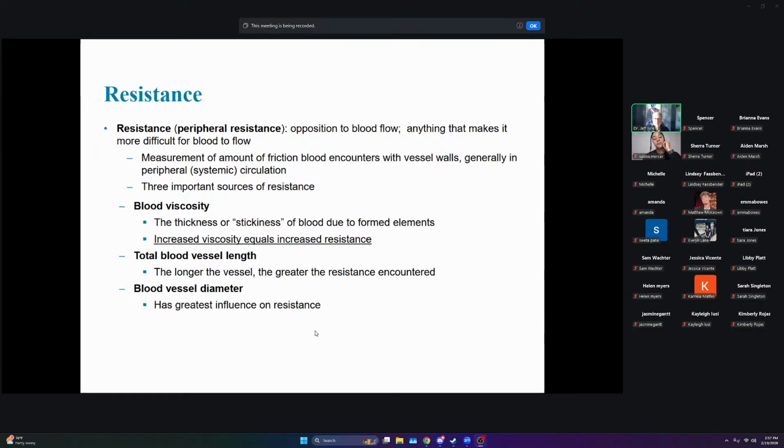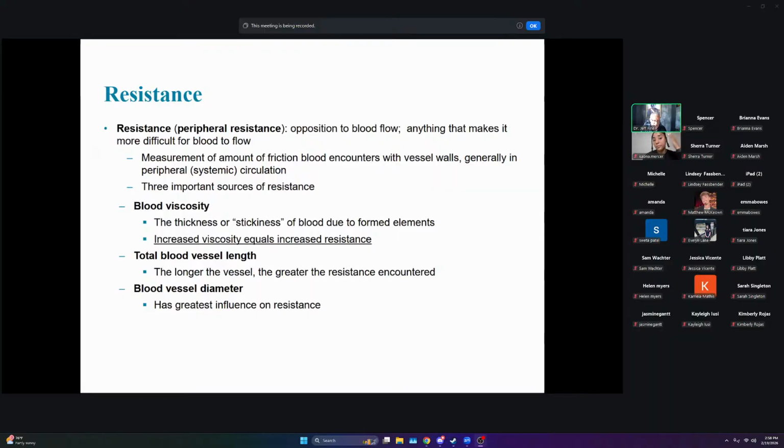And then the greatest influencer of blood resistance is what we've been talking about repeatedly through this lecture, and that is the diameter of the lumen. The size of the lumen, those arterioles, when they vasoconstrict and get really small, there's significantly increased resistance versus if they vasodilate and get very large, there's very little resistance.